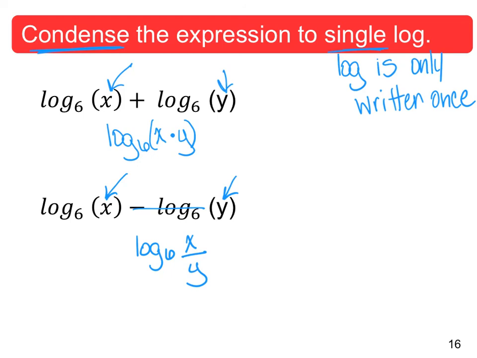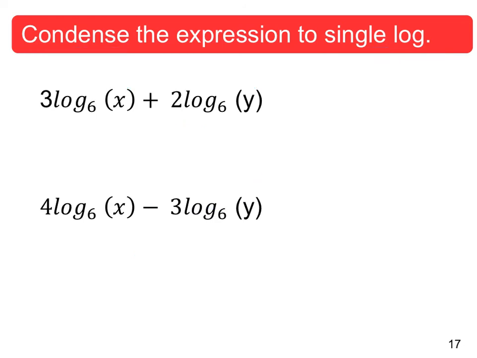Now we're going to put some exponents in there. So we're going to take this idea and put some exponents in. What I would recommend is that you do this in 2 different steps. Don't try to do it all at once. The first thing I want to do is take this 3 and make it an exponent on that x.